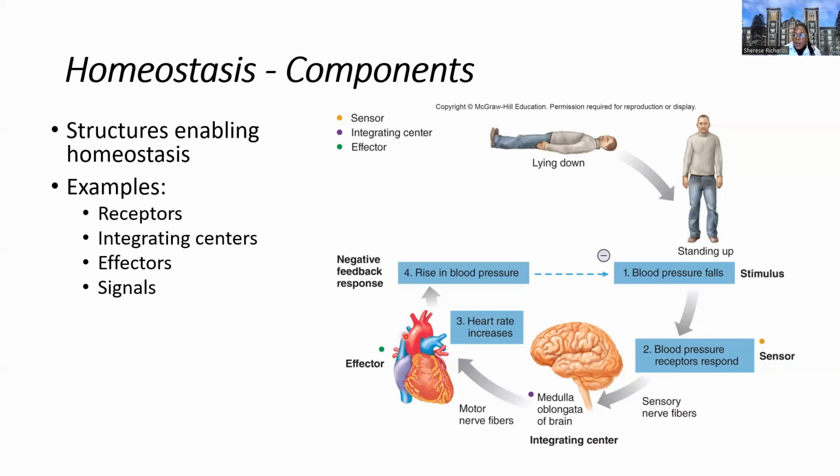So notice how we have the same principles applying here. We have an initial change in a variable, which is blood pressure. We have a detection of that change via receptors or sensors. We have integrating centers, which are going to determine the best corrective change. And then we have those instructions being sent to effector organs, which is the heart in this case.